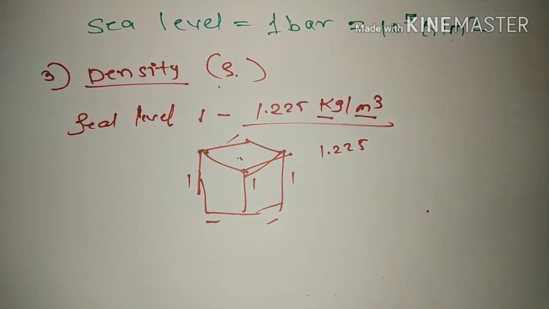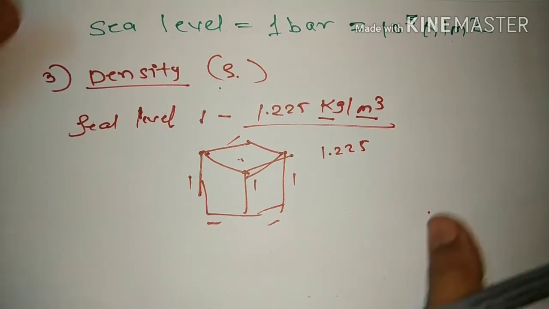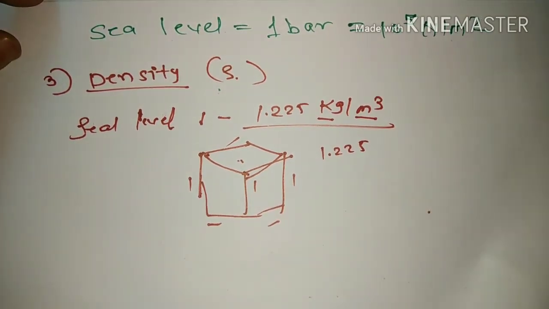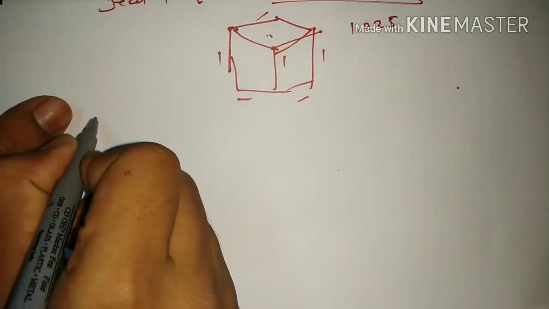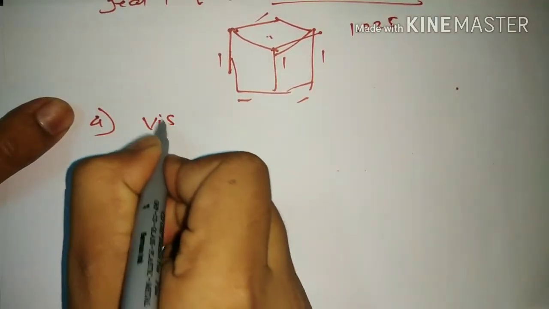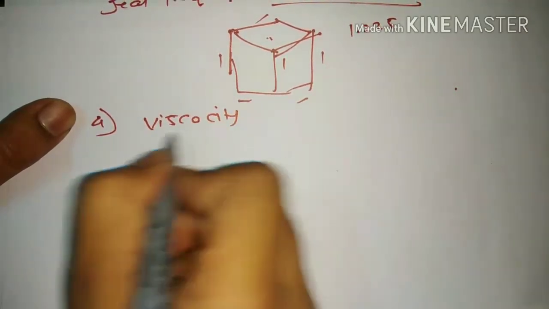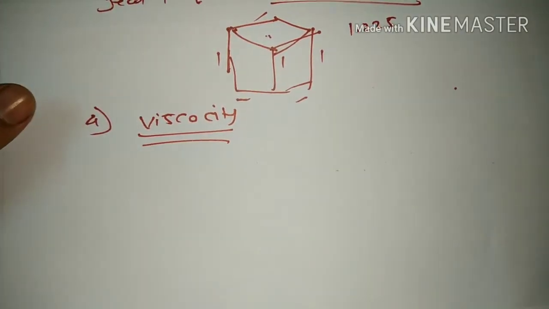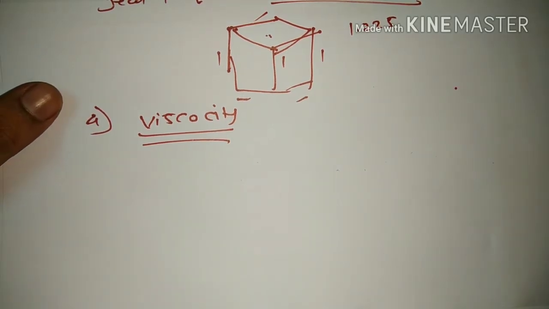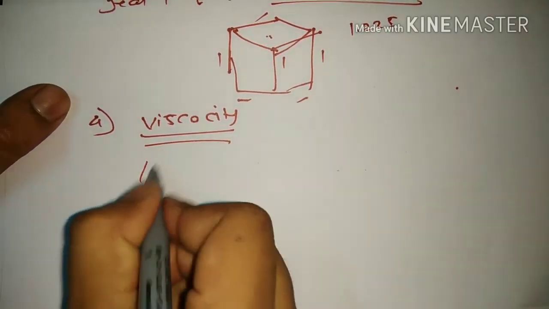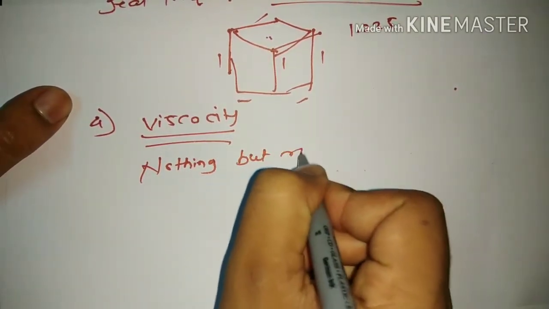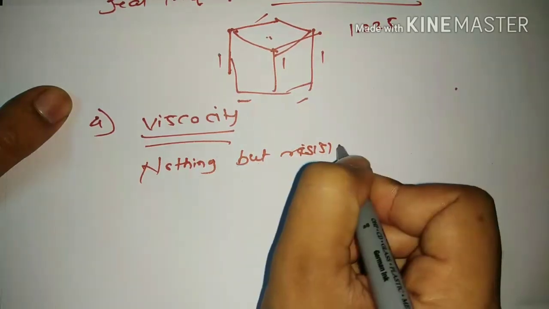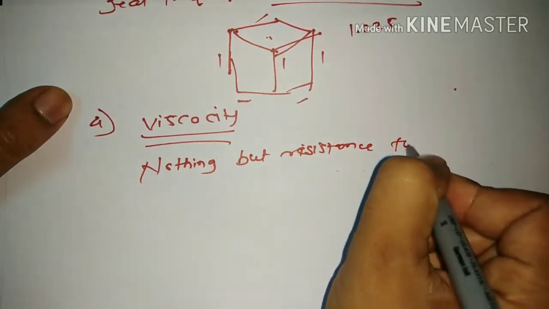Next, the fourth property is viscosity. Viscosity is nothing but a resistance to friction.